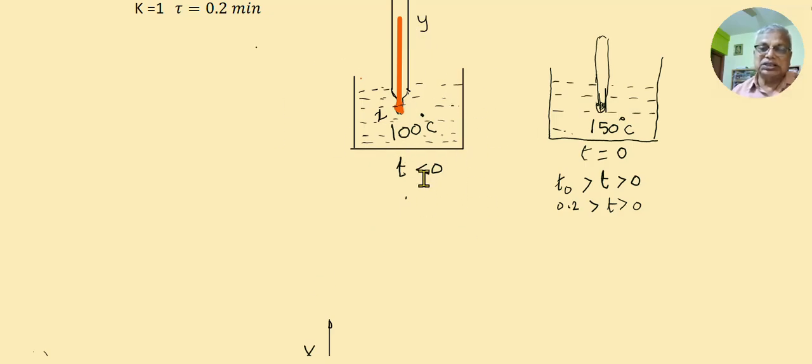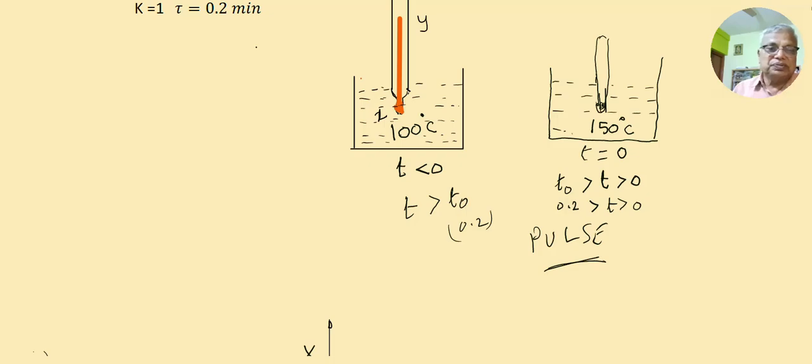So this is t less than 0, this is for t between 0 and 0.2, and this is again back to 100 for t greater than t naught. T naught is just a symbol; this t naught is 0.2. So what type of input is this? This is a pulse input.